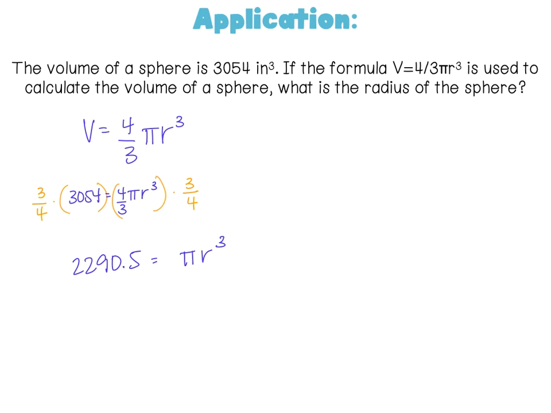Next, I need to get rid of that pi, so I'll divide by pi on both sides. And lastly, to get rid of that cubed exponent, I need to take the cube root. Therefore, it will cancel on the right to leave me with r and then 9 inches. So my radius is 9 inches.